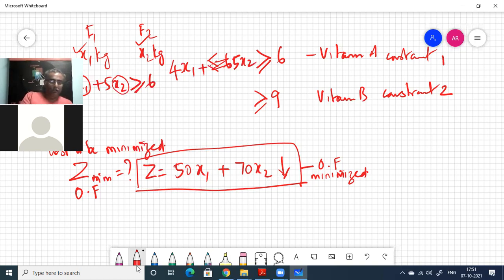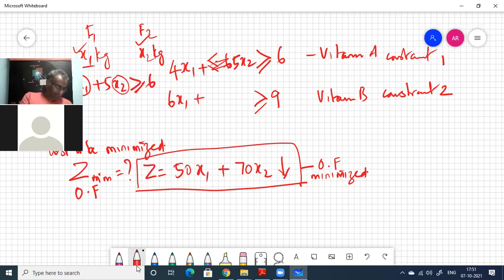Okay, then food 1 contains 6 units of vitamin B. Food 1 is x1, so 6x1, into 6 units.